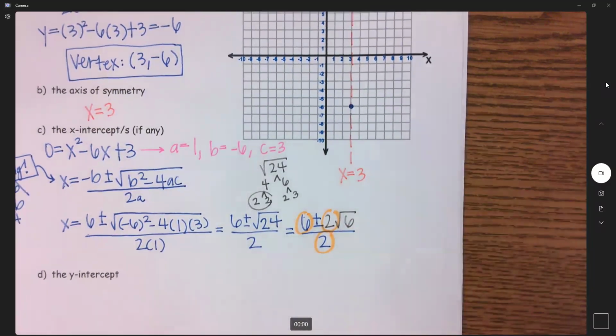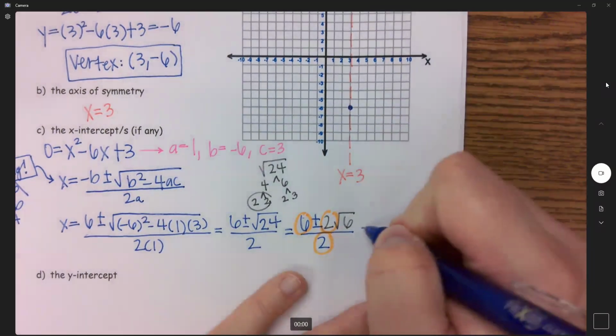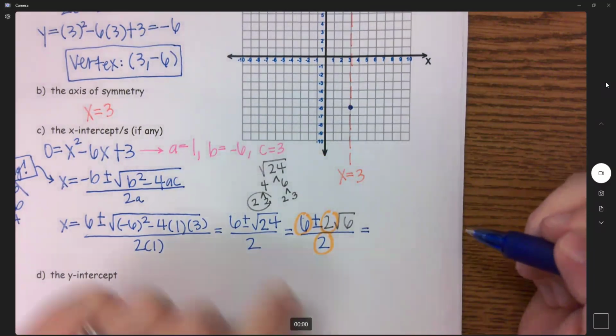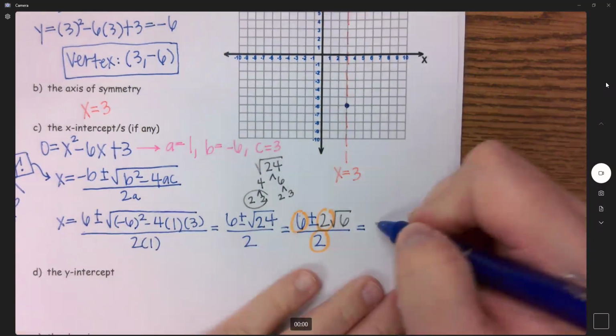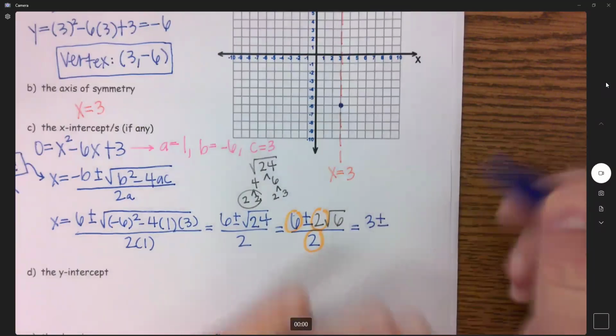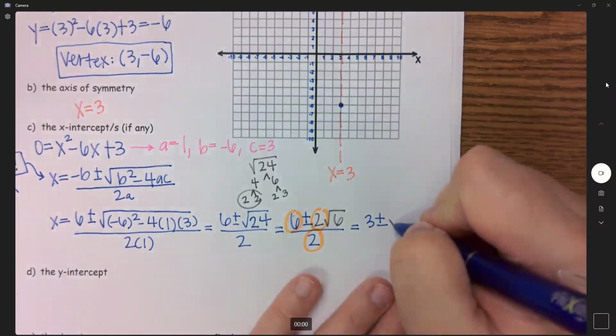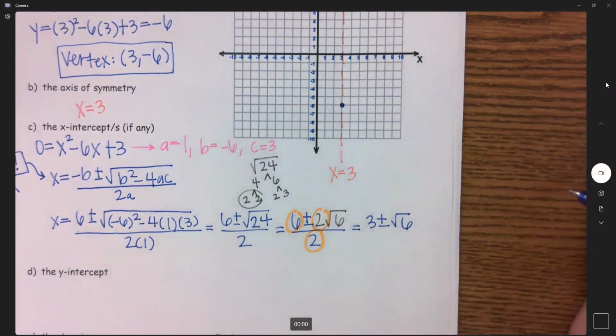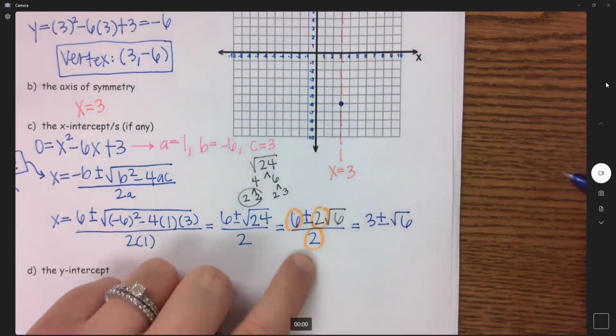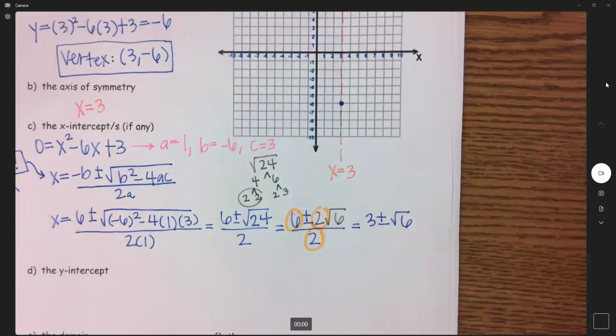So I'm not dividing 6 by 2. So this becomes 6 divided by 2 is 3, plus or minus 2 divided by 2 is 1, don't really need it. Square root 6. And then all over 1, again, don't need it.